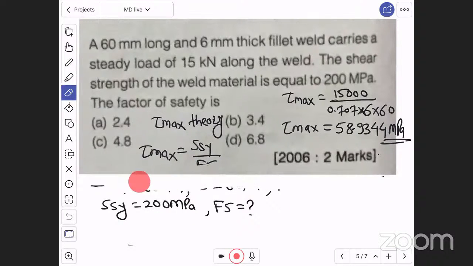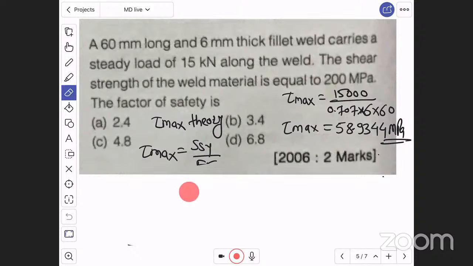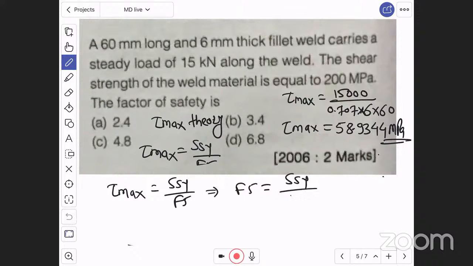As per this theory, maximum shear stress is equal to SSY divided by factor of safety. Therefore, factor of safety will become SSY divided by maximum shear stress, which is SSY given as 200 in the given data, and maximum shear stress we have calculated as 58.9344. From this, you will get the factor of safety for this design.